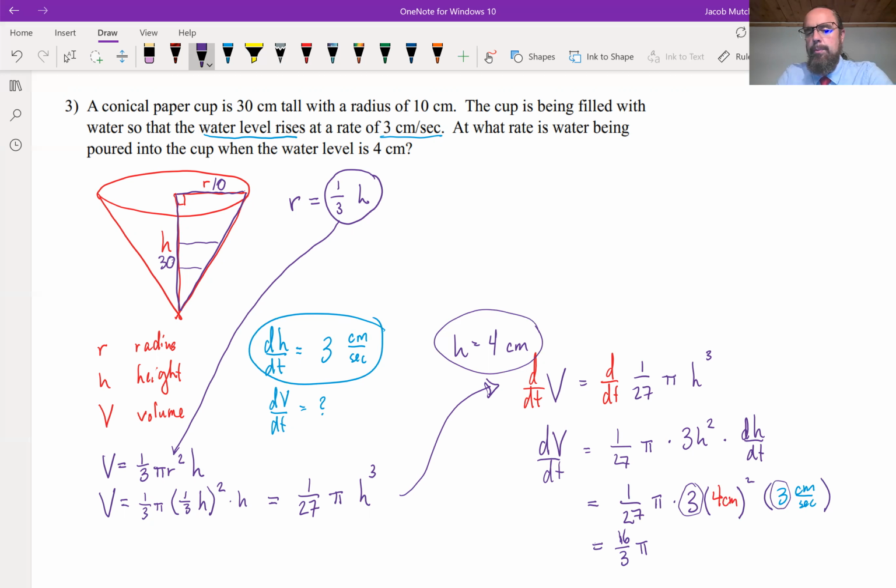I can go ahead and multiply that. And then for my units, I've got centimeters squared times centimeters over seconds, which will give me the final unit of centimeters cubed over seconds, cubic centimeters per second. And again, when I check that to see, does that match my rate that I'm trying to solve for, the change in volume per time, cubic centimeters per second works well.